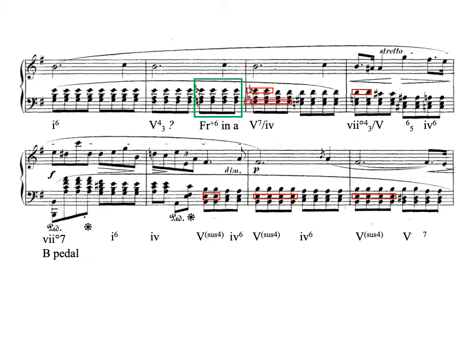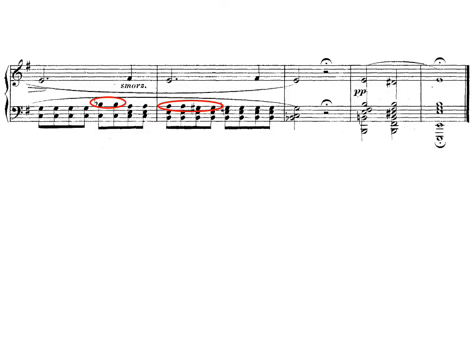And let's look at the very ending of the piece then. This C major chord at the beginning of the last system is interesting, because he comes at it from the 4, 6, and 5 in the system before.